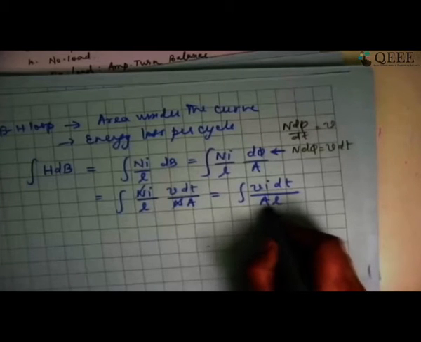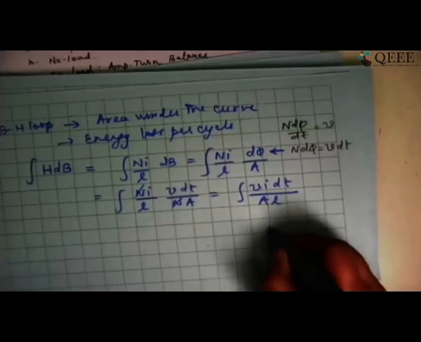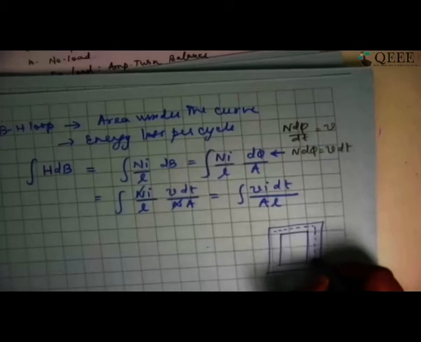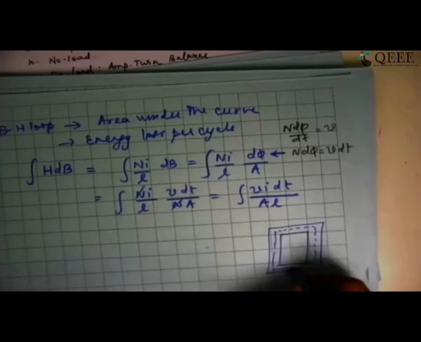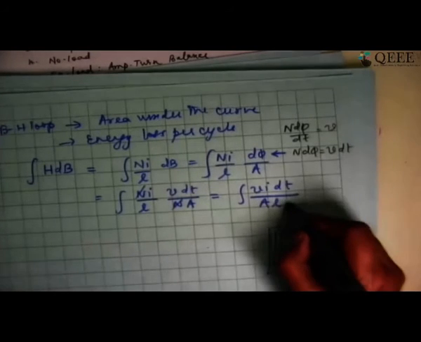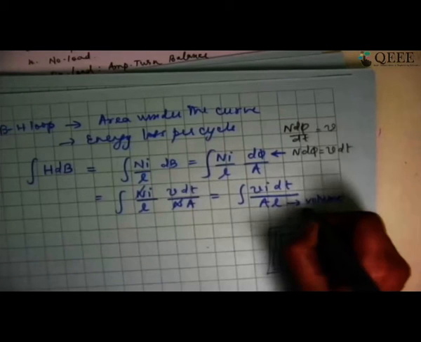L is the length of the magnetic circuit, which means the magnetic field line length. If this is my core, the average length of the magnetic field line is given by this dotted line. So A L essentially tells me the volume of the core.